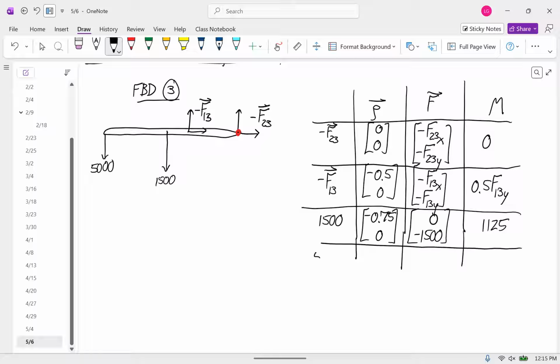And then last is that 5,000 Newton force. The row vector is negative 1.5, 0. The force is 0, negative 5,000. And then the cross product is positive 7,500. And so again, if you add these all up, set it equal to 0, you get a seventh equation.